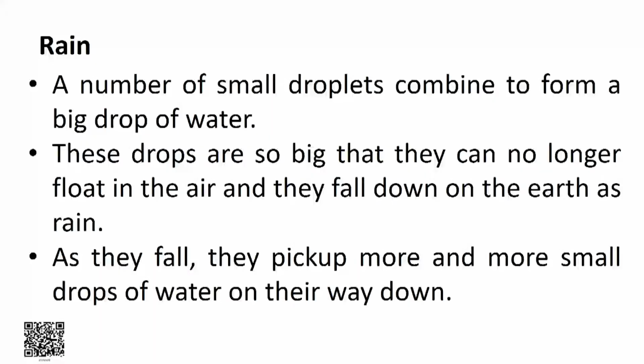A number of small droplets combine to form a big drop of water, and these drops are so big that they can no longer float in the air and they fall down on the earth as rain. As they fall, they pick up more small drops of water on their way down. There are some interesting facts, so we will discuss.